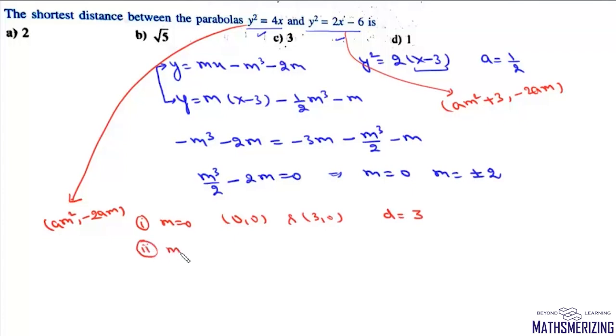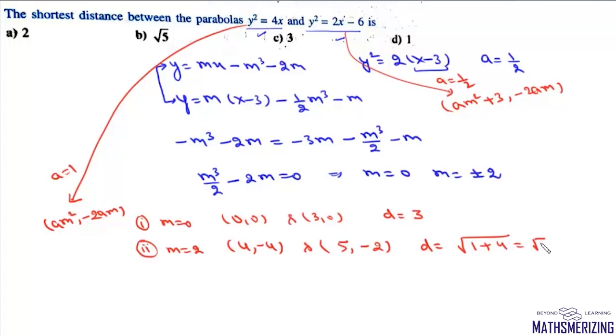If we'll take m as 2, then in that case, now for this one value of a is 1 and for this one value of a is 1 by 2. So if we'll put a as 1, it'll be 4 comma minus 4, and the point on the other parabola will be 5 comma minus 2. So here distance between them will be under root of 1 plus 2 square, which is 4.